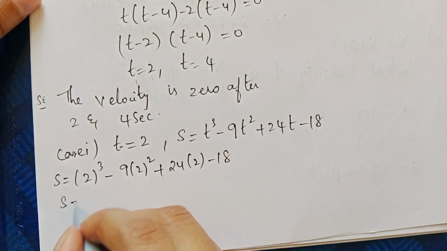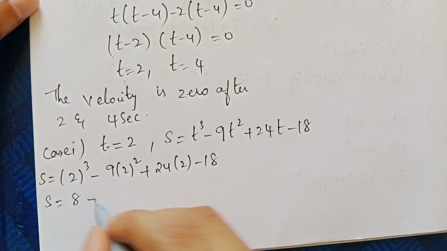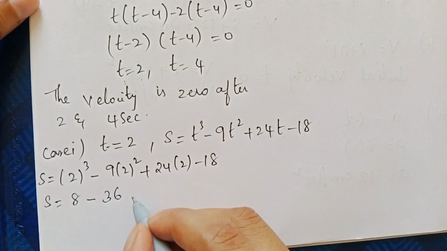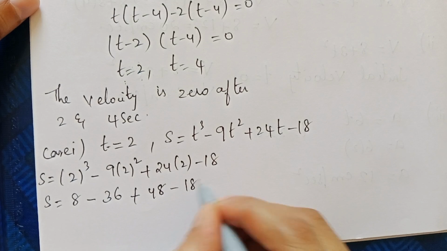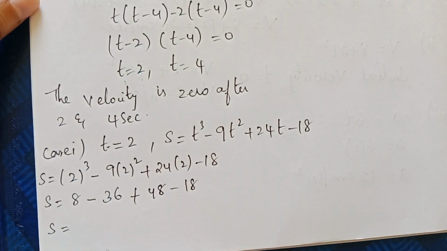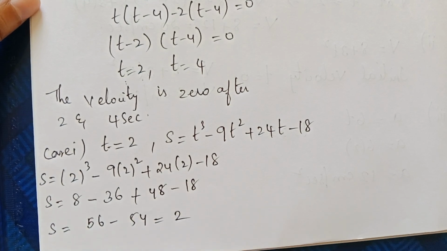So s is equal to 2 cubed is 8, minus 9 fours is 36, plus 24 into 2 is 48, minus 18. So s is equal to 56 minus 54, which is equal to 2.